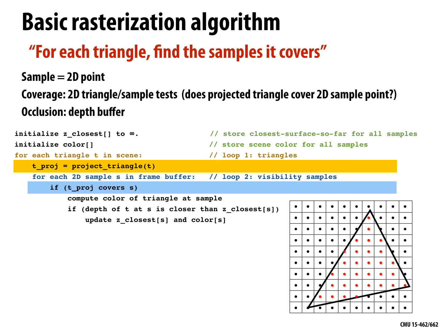And the outer loop is we loop over all the triangles in the scene. For each triangle, we project it onto the 2D plane. And then for each sample in the frame buffer, we check, is this sample covered by the current triangle? If so, we compute the color of the triangle at the current sample point.